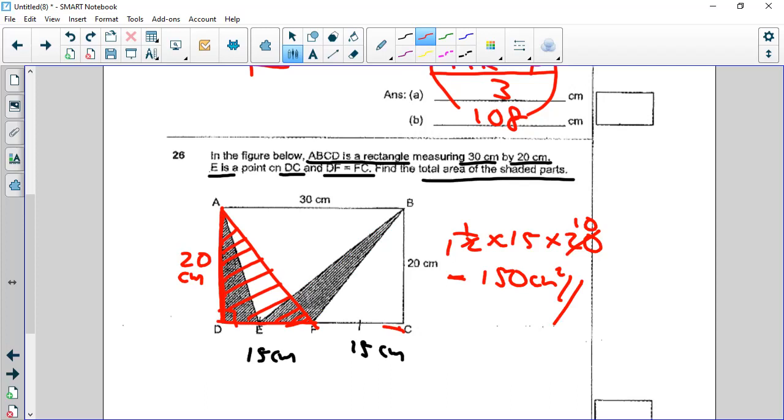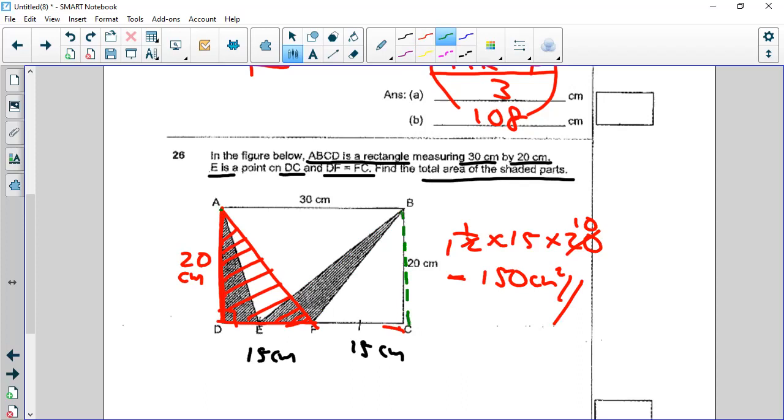Some of you, you find the rectangle, then you take away the unshaded triangles, also correct. Or you can do this way: you combine the two shaded triangles together into a right angle triangle, and then just get the shaded area. And how do you combine them? Very important. You must make sure that these two shaded triangles share something common. So they share a common height, right?